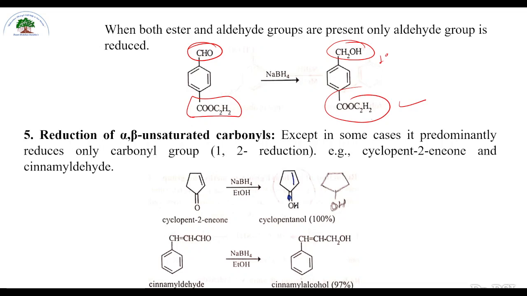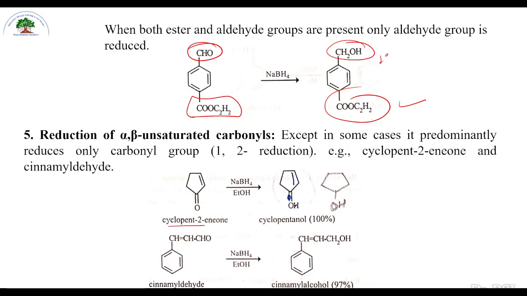Next use is reduction of alpha beta unsaturated carbonyls. Except in some cases, it predominantly reduces only the carbonyl group, that is 1,2-reduction. Examples are cyclopent-2-enone and cinnamaldehyde.